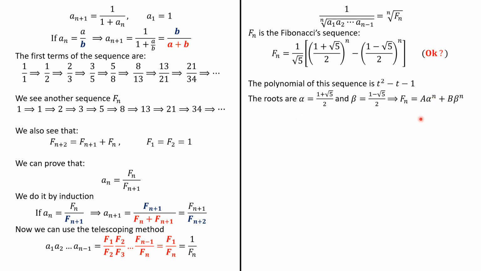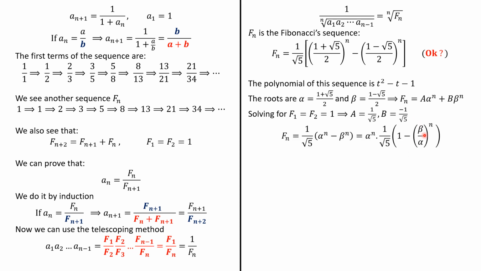So we know that Fn we write as this, a constant A multiplied by alpha to the n plus b multiplied by beta to the n. So we need to find A and B, but you just have to solve this system, F1 equals 1 and F2 equals 1, and then you can find A is 1 over the square root of 5 and B is minus 1 over the square root of 5.